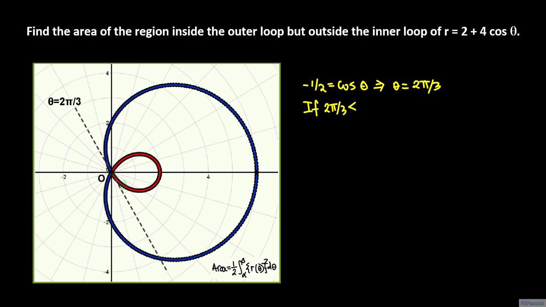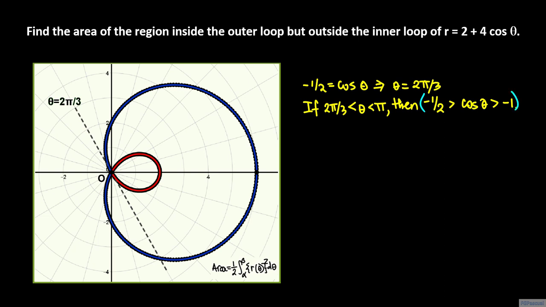If theta is on the interval from 2 pi over 3 to pi, cosine theta is in fact strictly decreasing from minus 1/2 to minus 1. Therefore, minus 1/2 is greater than cosine theta, which is greater than minus 1.